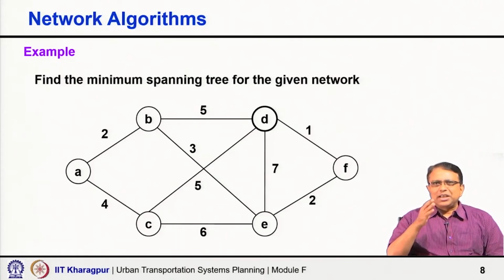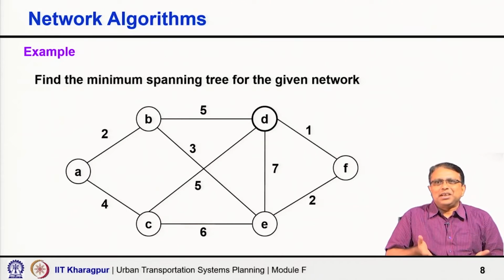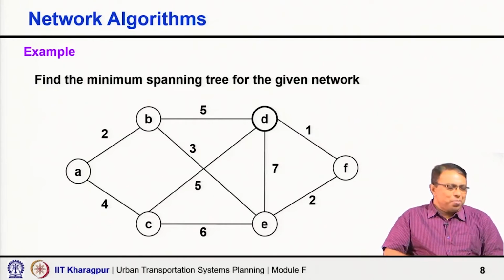These are bidirectional links, so no arrow is given, that means two-way links. And of course, when we are thinking of basic connectivity, we cannot think of one-way or two-way; all roads are two-way roads.